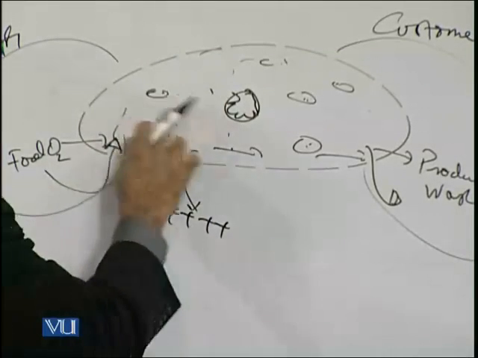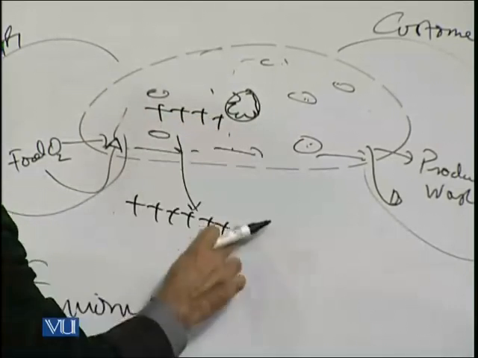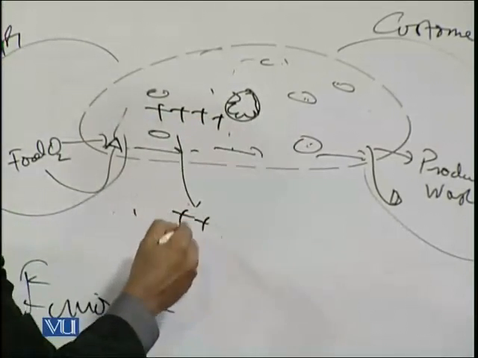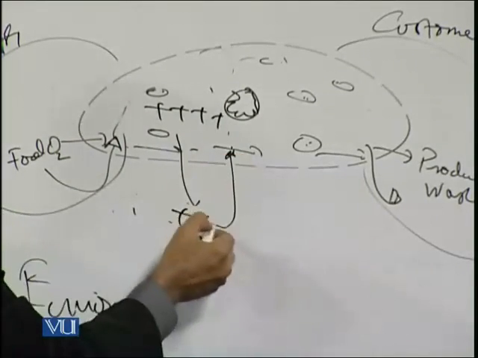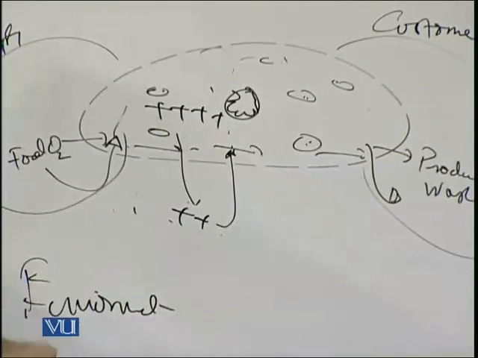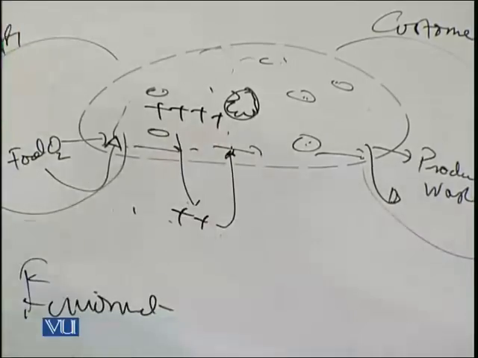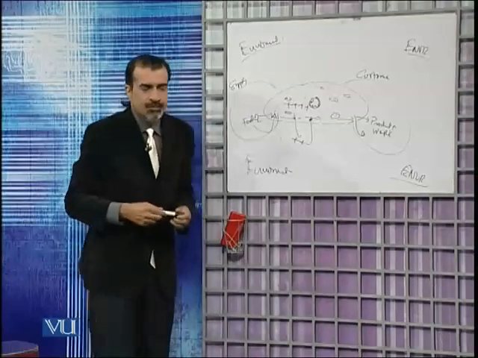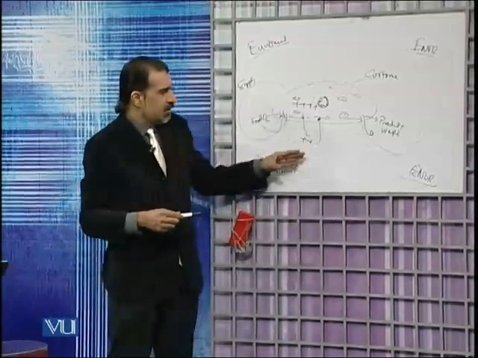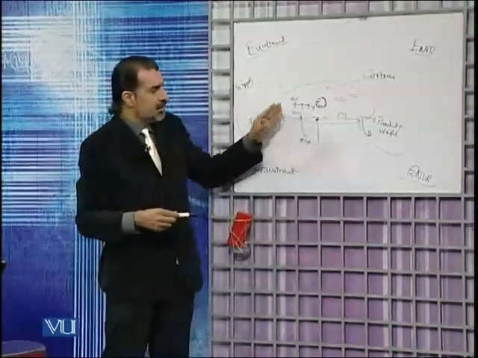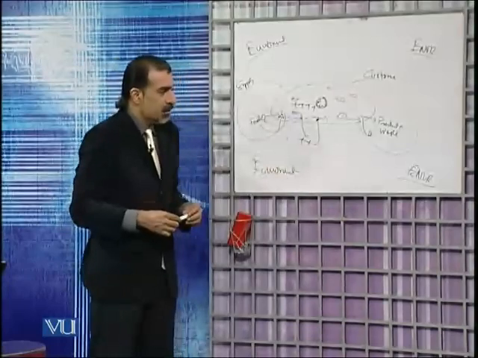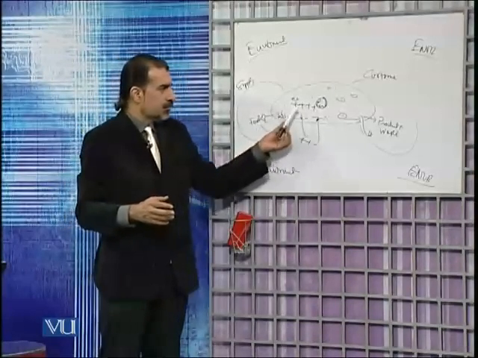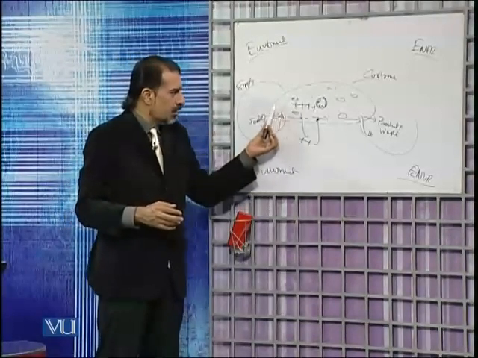Similarly, if the concentration is more inside and less outside, then water will start flowing from here to there, which means the cell will start swelling. So that means the elements of external environment directly affect the cell, and in a very similar fashion the elements of external environment of a company affect the inside of the company, a part of it or maybe all of it.